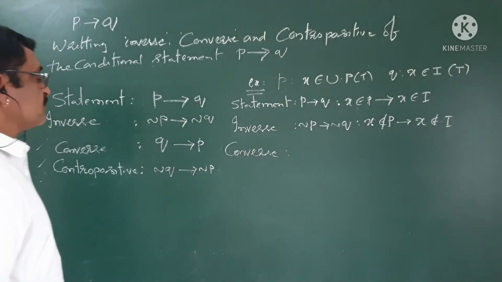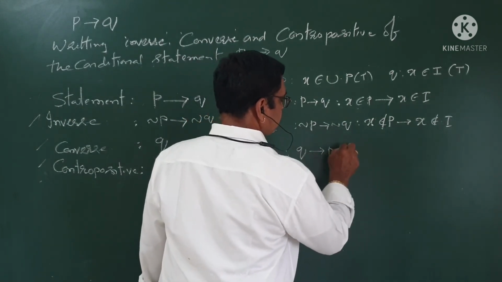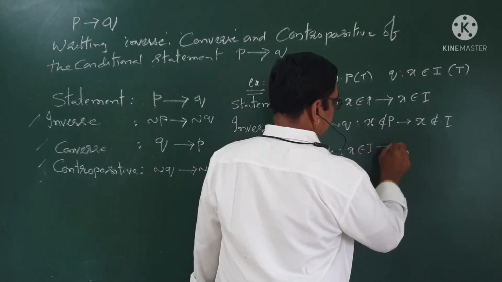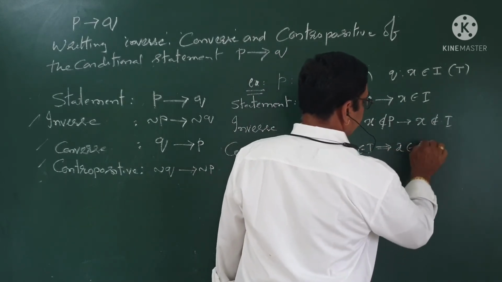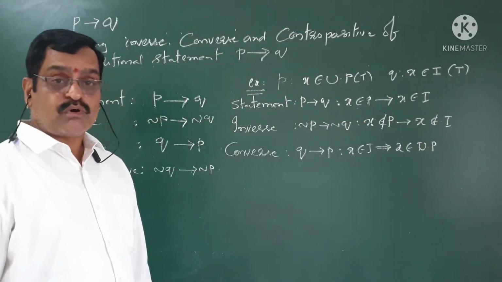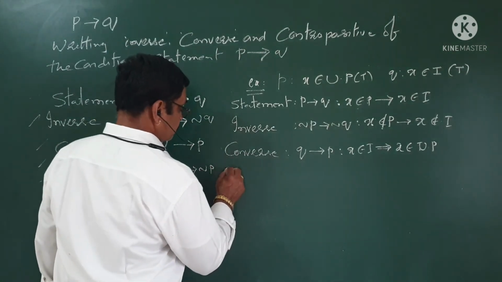Very simple, write Q implies P. What is this? x belongs to India implies x belongs to UP. Don't bother about the truth value of these statements. Then we go for contrapositive.